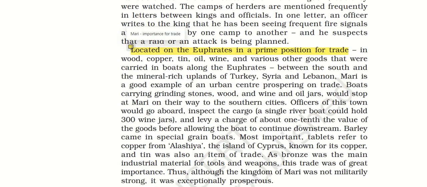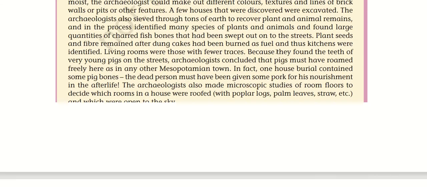Now, where was Mari located, and how was it an important town based on its location? It was located in a prime position on the Euphrates, and hence it was very important for trade.